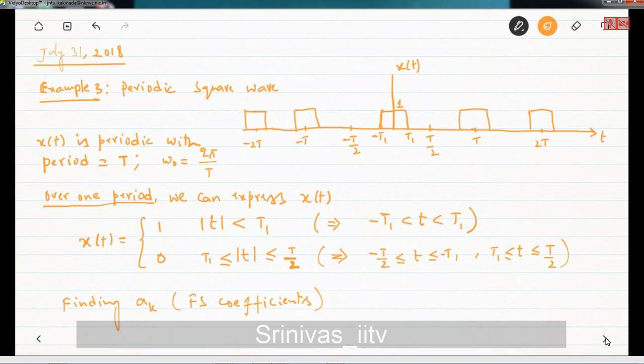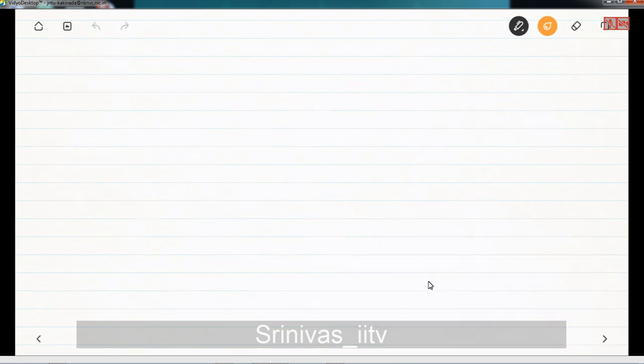If you can recall, can you recall the formula? a k is equal to 1 by T integral of x of t e power minus j k omega naught t dt. And here there is an important fact.